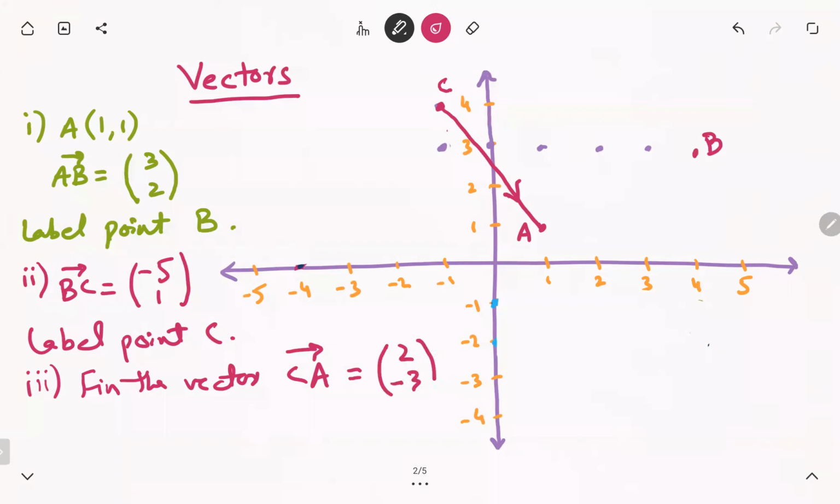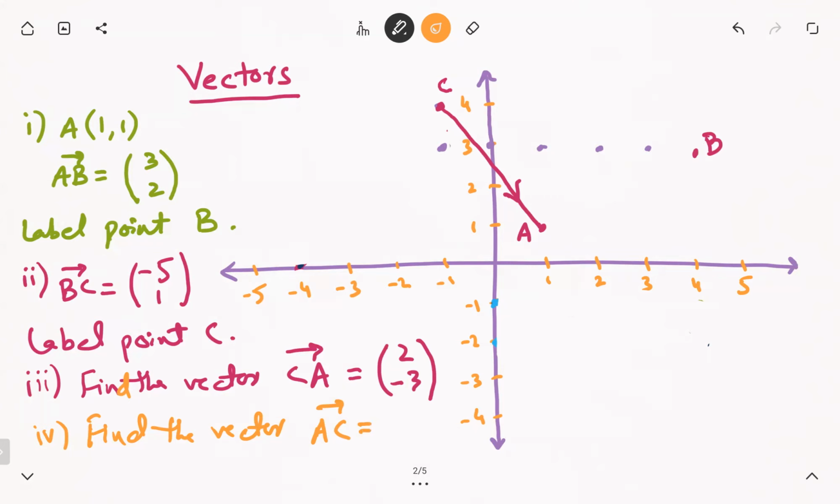Last part, write the vector AC. So simply change the signs of the vector CA.